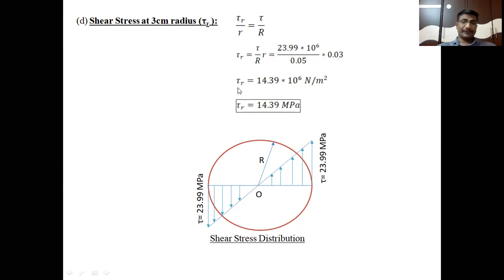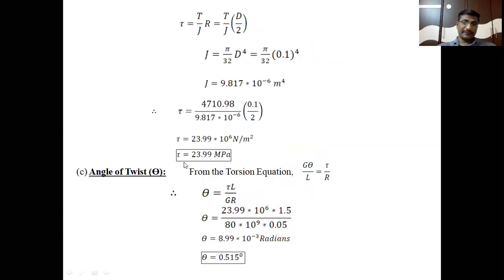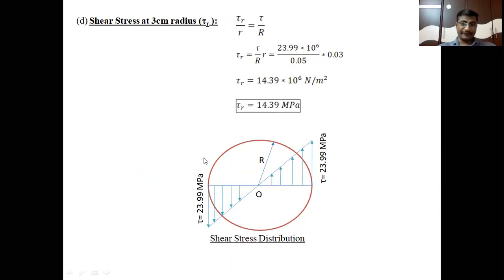Then we will get the shear stress at a 3 centimeter radius as 14.39 into 10 to the power of 6 newtons per meter square, or tau R is equal to 14.39 megapascals. This is the shear stress at a radius of 3 centimeters, and 23.99 megapascals is the maximum shear stress at the surface.